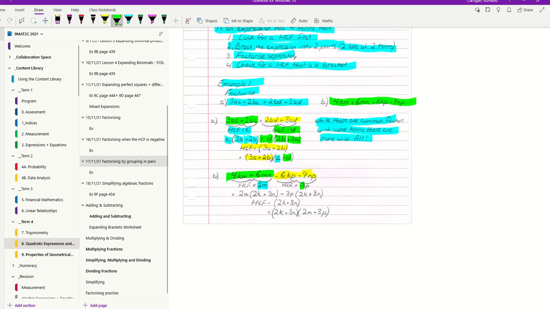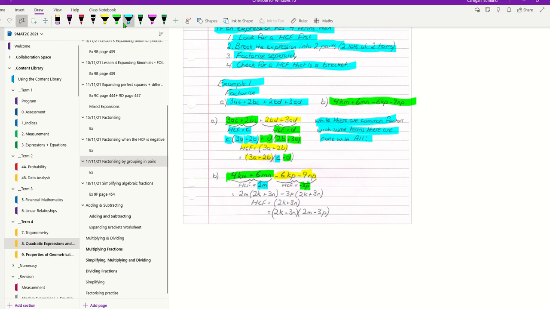Remember, put our minus into our common factor, which we did last lesson. And then our letter, we've got p. So minus 3p is our highest common factor.